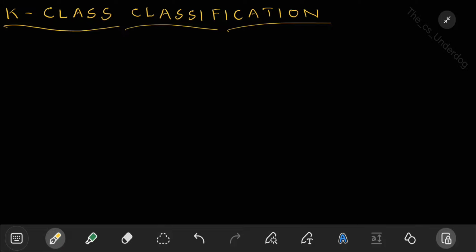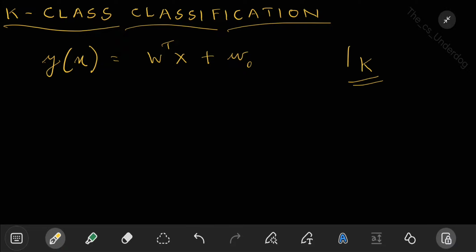So previously in 2-class classification, if you remember, you had a discriminant function. What was it that you used? You used something like y of x is equal to w transpose x plus w0. You used a discriminant function of this kind. Okay. So similar to this, this time we'll have k different discriminant functions.